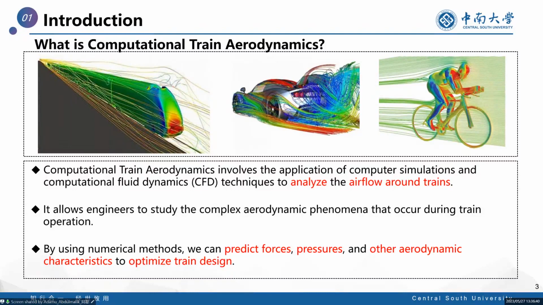So the main essence of studying computational train aerodynamics is to understand the aerodynamics of the train and its surroundings so as to provide a method of design optimization.